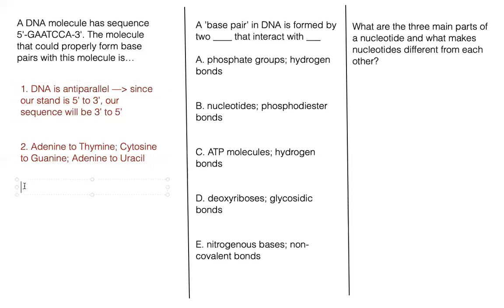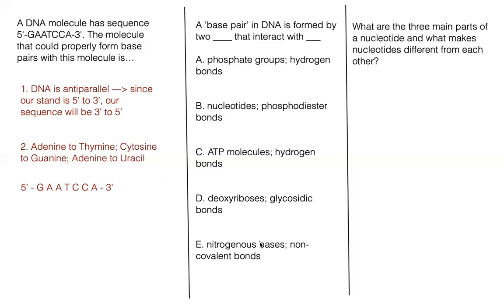If this is our sequence, I'm going to write it out again here: G A A T C C A 3'. That's our sequence, and we're trying to figure out what corresponds to that.